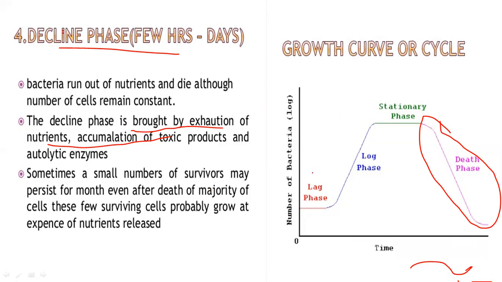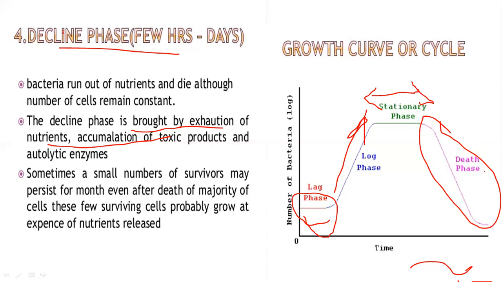So these are the four phases. In the lag phase there is growth in size and synthesis of chemicals and enzymes. Then there is the reproduction phase, an exponential increase in number and population. Then there is the stationary phase, in which newly formed cells and dead cells are in the same number.